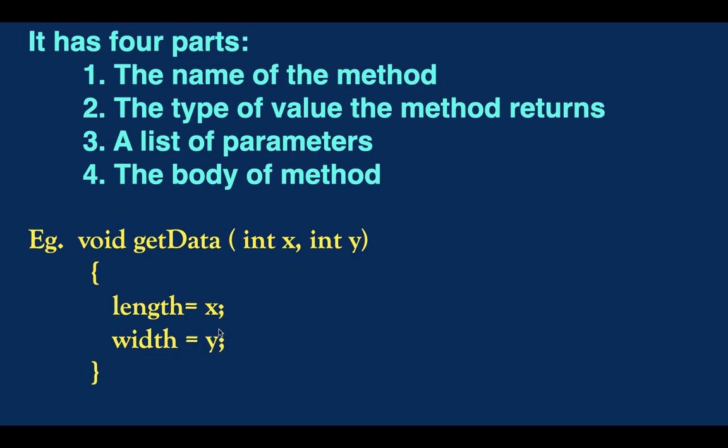In this we are simply assigning the value of x, which comes from the parameter, to the length variable, and y we are assigning to width. Whatever you wish to do inside the method you can do, depending on the need and requirement. So this is all about methods and how to define and declare them.